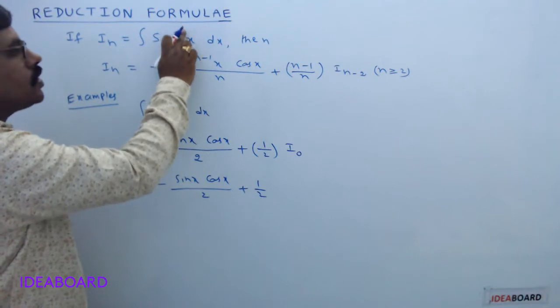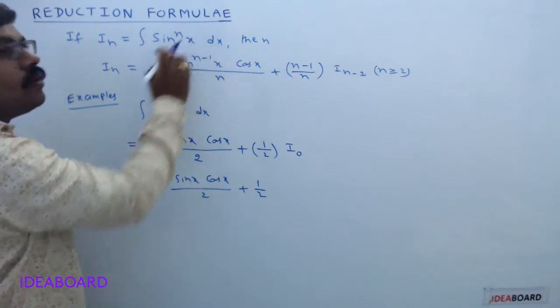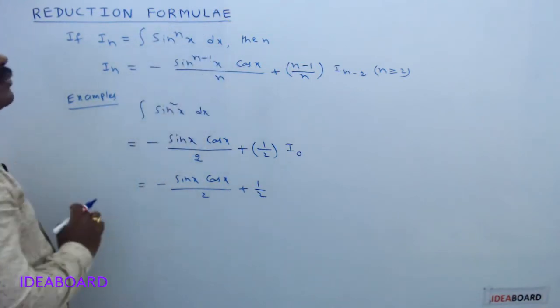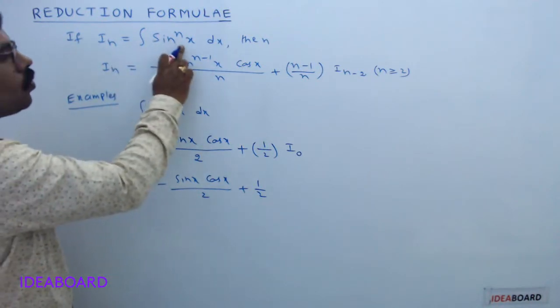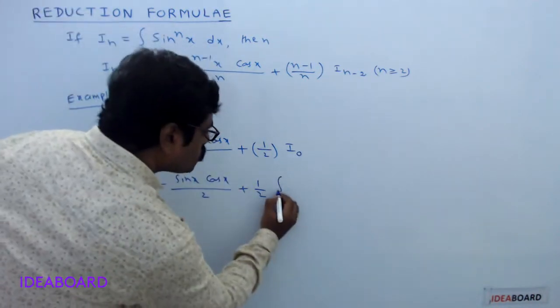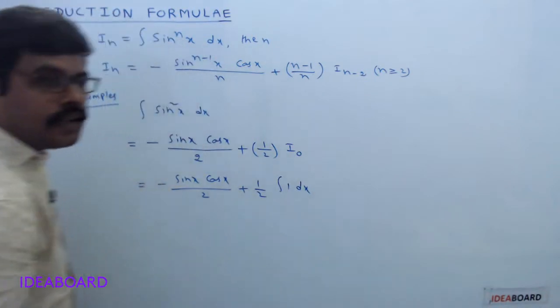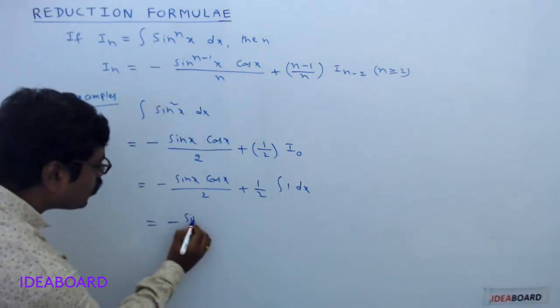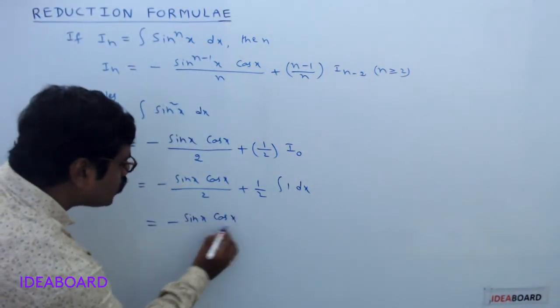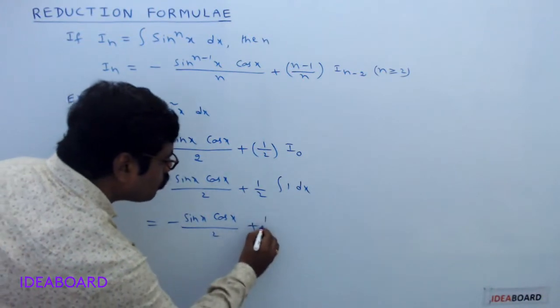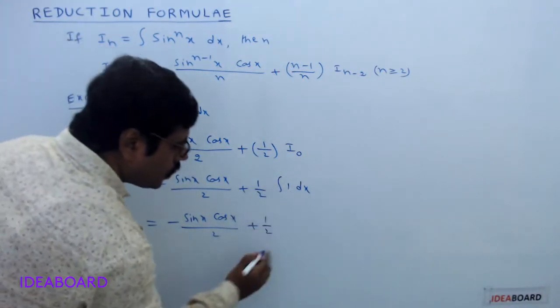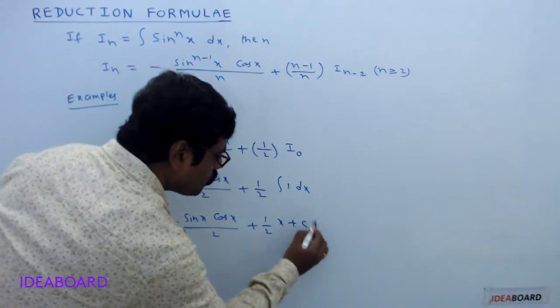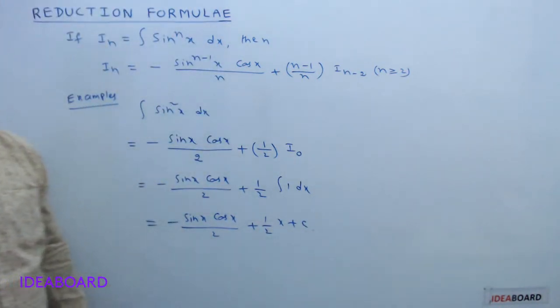Sin^0 x is nothing but 1. So the I_0 value is the integral of 1 dx. So this equals minus sin x cos x divided by 2 plus half into the integral of 1 dx, which is x, plus a constant c.